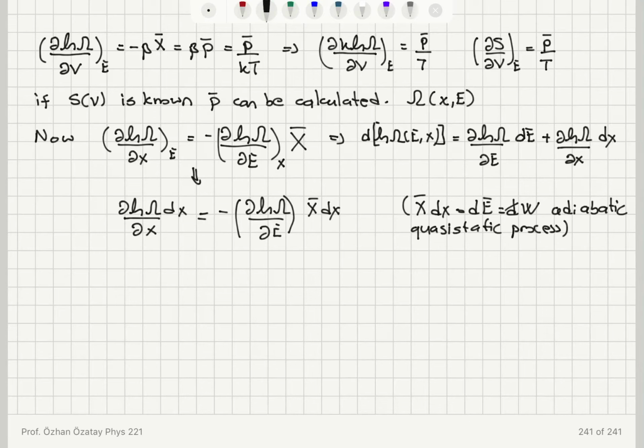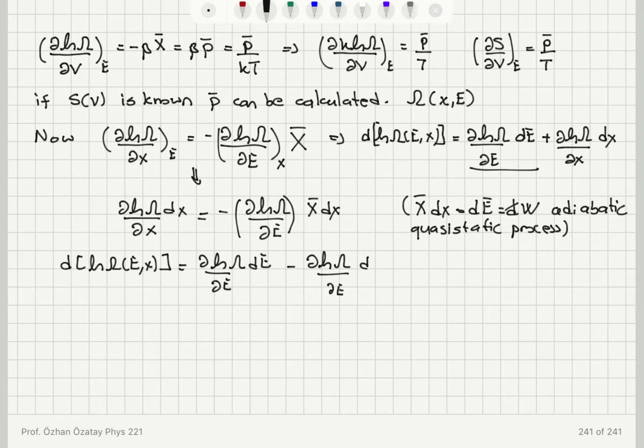So I will have the change in the natural logarithm of omega to be del ln omega del E dE. This is the first term, and then the second term is minus the derivative of natural logarithm of omega with respect to energy dE. So we're taking this at equilibrium, so this is all for equilibrium. So this is going to give me exactly 0.